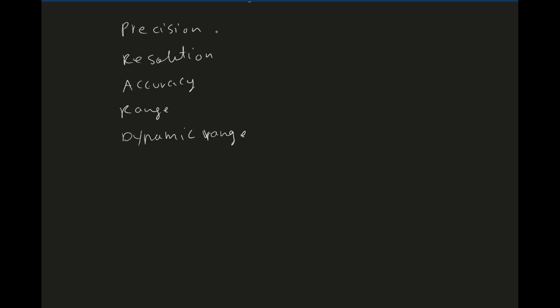The precision is essentially just the number of bits, the number of non-zero bits. The resolution is the smallest magnitude that you can represent, and then the accuracy is the magnitude of the maximum difference between the true real value and its approximate representation.